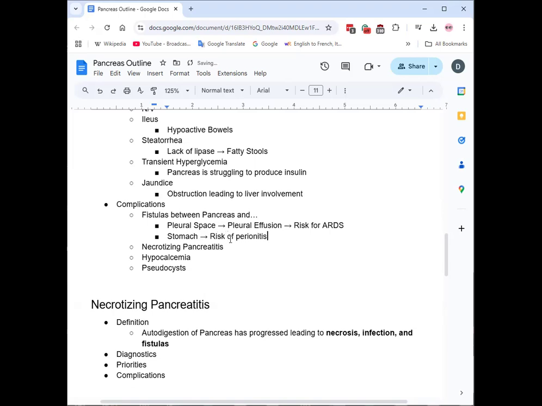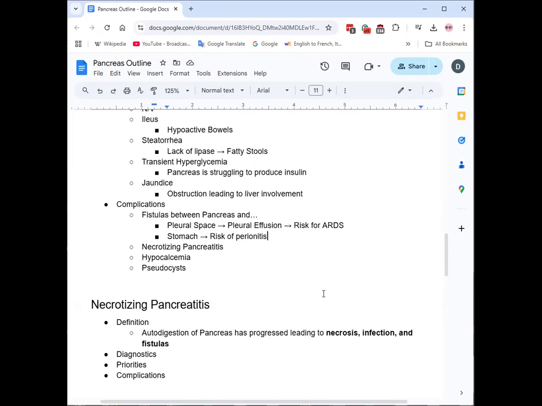That's how I break it down: one of your big complications is the fistulas, and they will either put gunk in the pleural space, increasing the risk of ARDS, which can often be brought on by infection. Sepsis is one of the number one causes of ARDS.